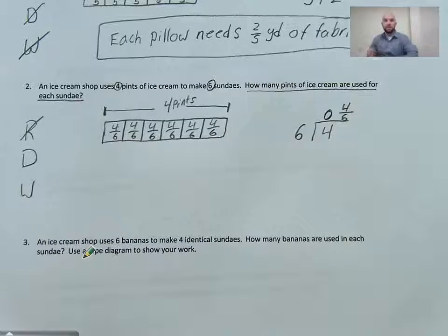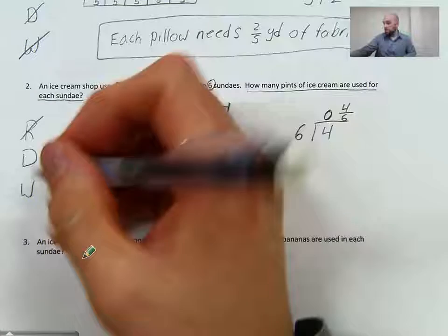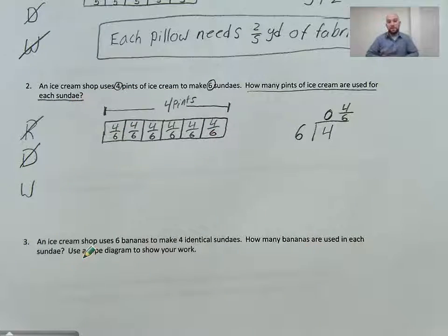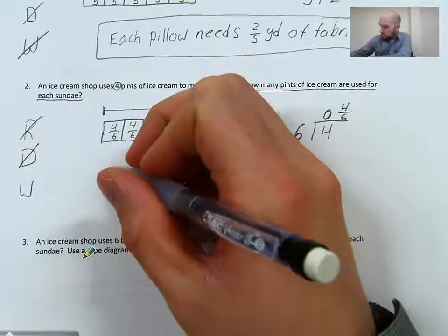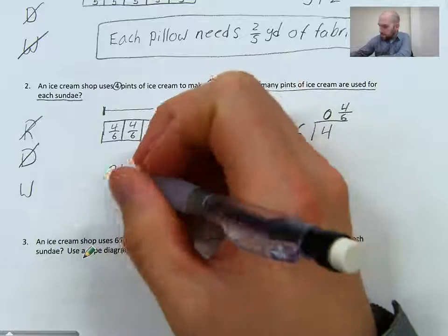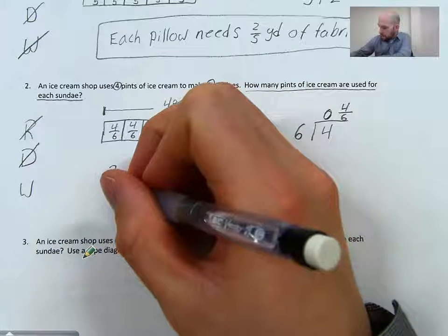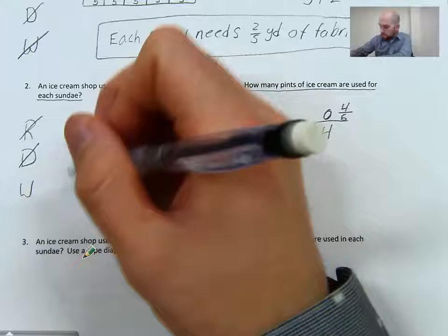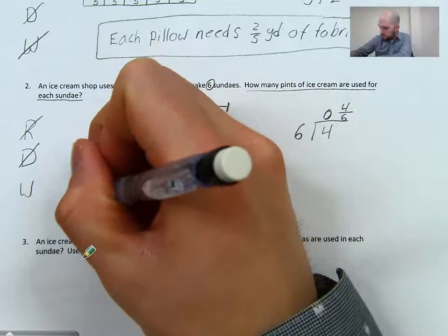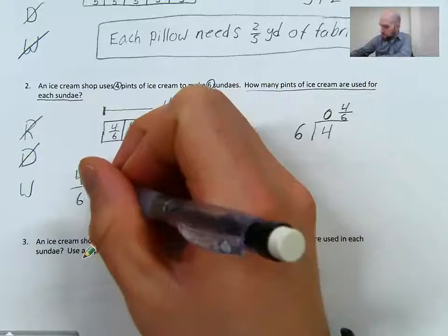Now I see 4/6 would be acceptable as the correct answer there. But I also see that I can divide 4 and I can divide 6 both by 2. So if I divide 4 by 2, I get 2. And if I divide 6 by 2, I get 3. And I get 2/3. 4/6 equals 2/3.